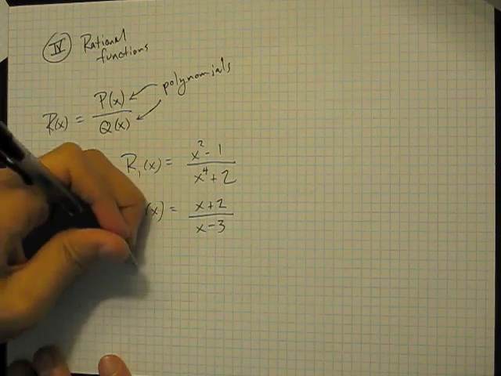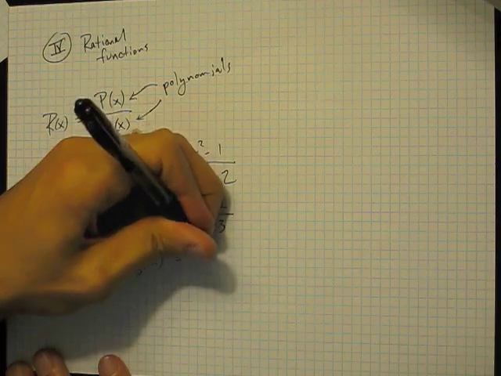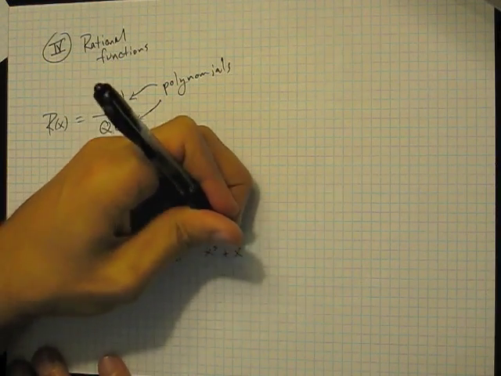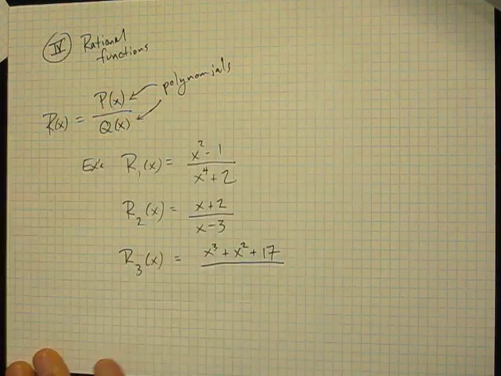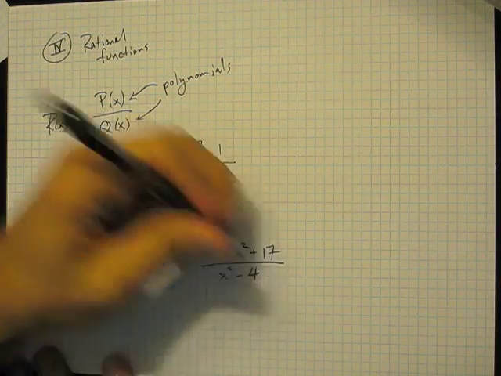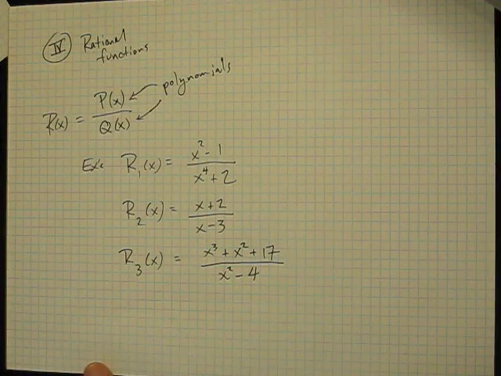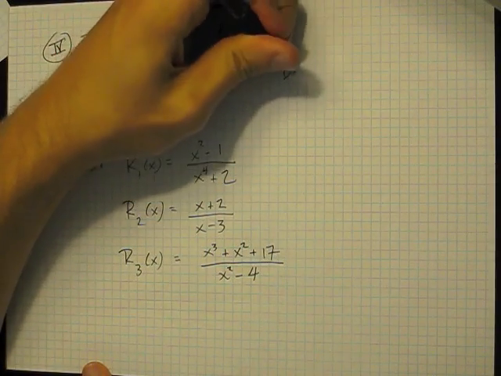All right, how about something like x cubed plus x squared plus 17 over x squared minus 4. Okay. And now the important thing to know about rational functions is the domain.